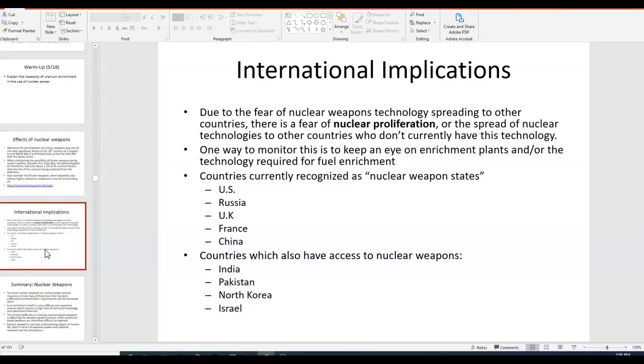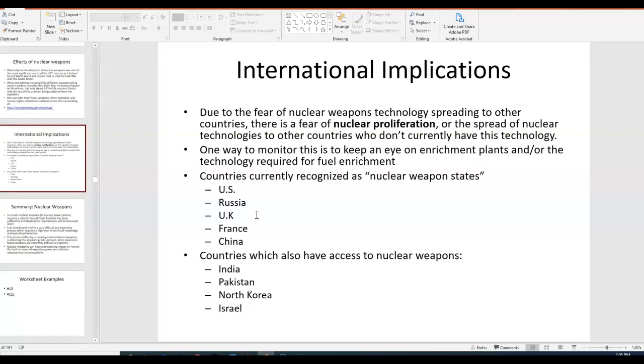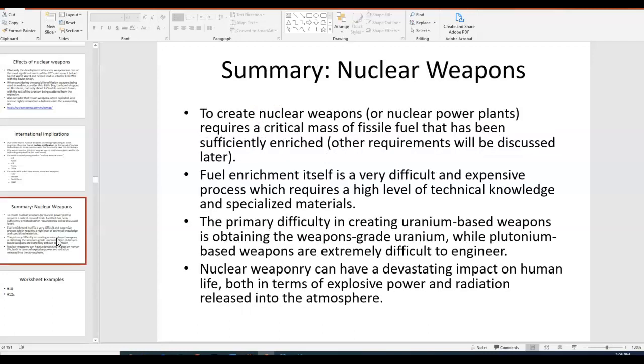A lot of countries would say they're trying to get nuclear technology for power purposes, and we, and when I say we, I mean the United States, may or may not believe that. But if you ever see that term nuclear proliferation, that's referring to the spread of nuclear technologies to other countries who don't currently have that technology.